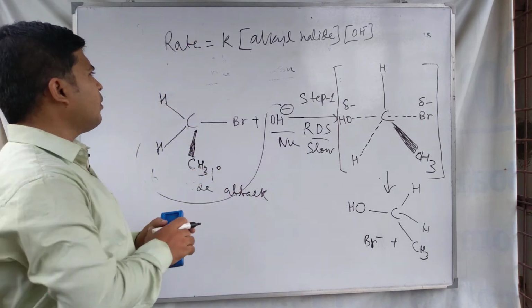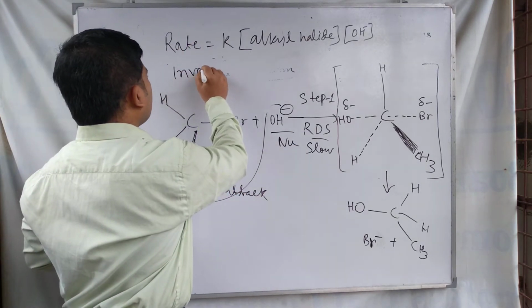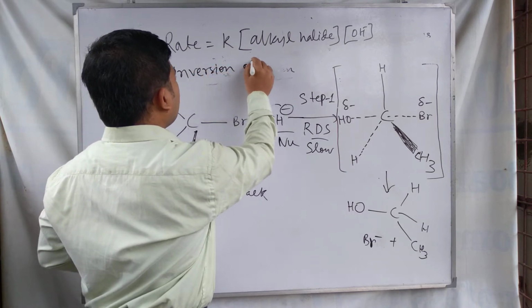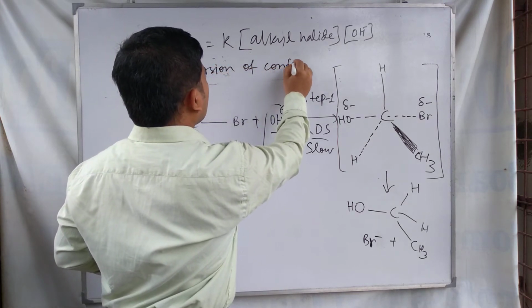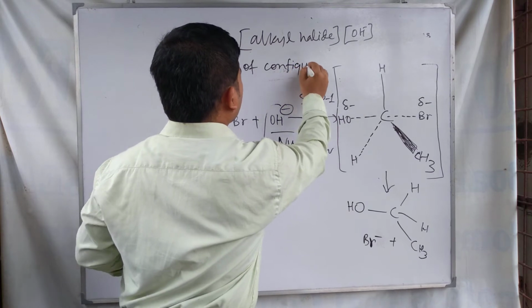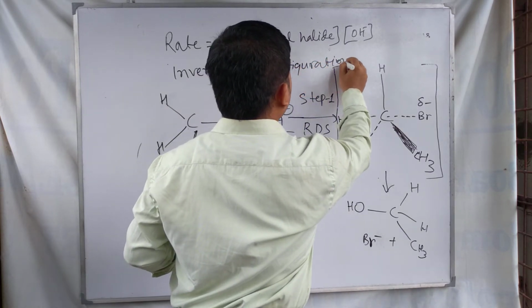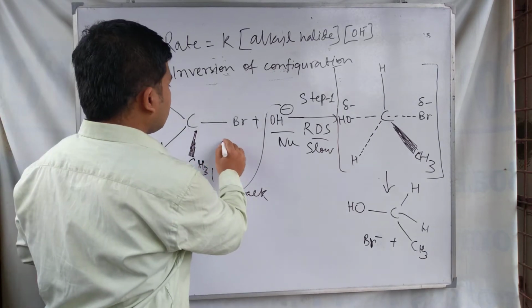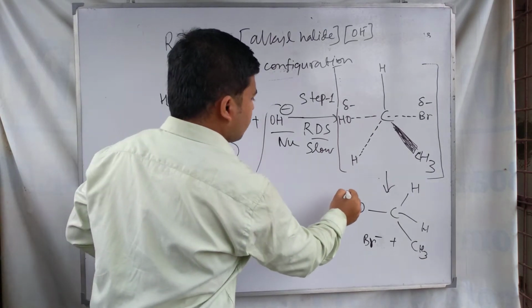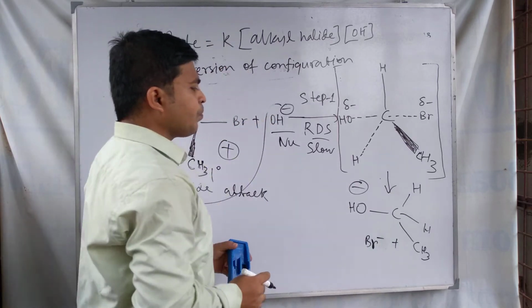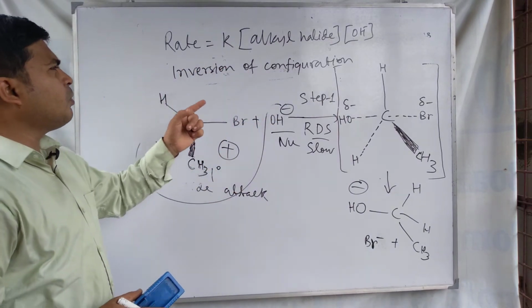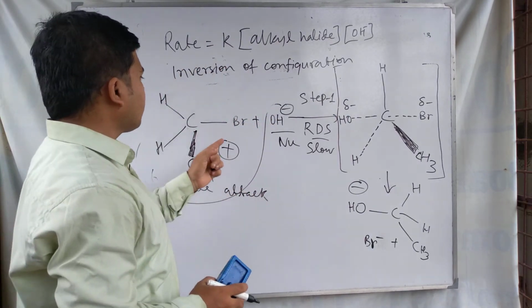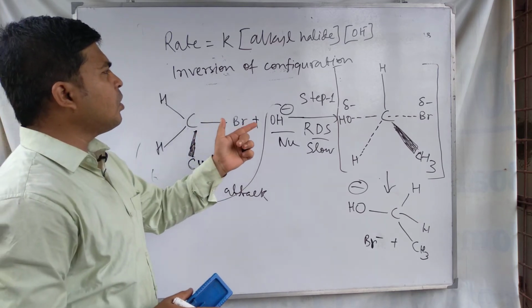Inversion of configuration occurs, means if we start with the plus molecule, here in the product side we get minus, because in the case of SN2 mechanism there is inversion of the configuration.